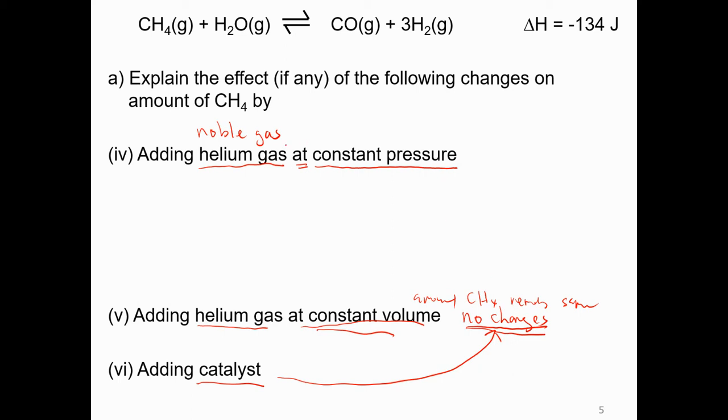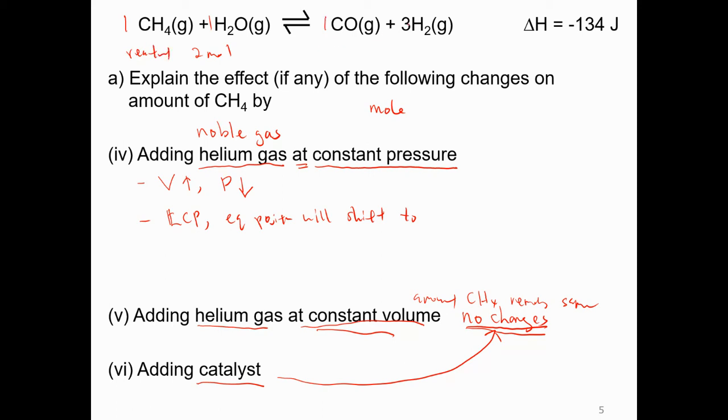Now, adding noble gas at constant pressure. What happens is the volume of the system will increase and thus the pressure of the system will decrease. In order to counteract the disturbance, that is the pressure decrease, according to Le Chatelier's principle, the equilibrium position will shift to, now let's see which. For pressure, we look at the number of moles. 1 mole, 1 mole, so total 2 moles for reactant.